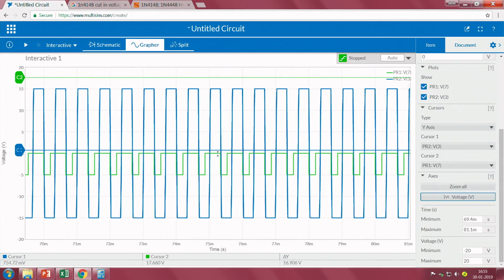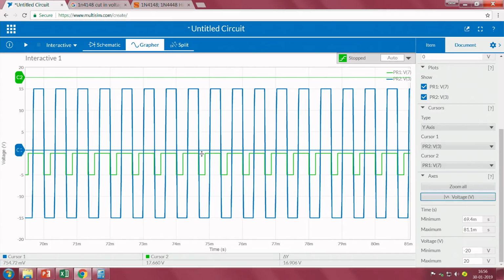So one thing is clear that at this point I am getting a negative spike, at this point I will get a positive spike. Whenever I have a negative spike, the capacitor starts discharging. Because of the negative spike, the output of the operational amplifier will go from plus VCC state to minus VCC state. So plus VCC in this case is 15, minus VCC is minus 15.